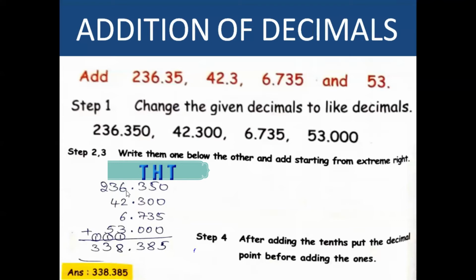Next, 6 plus 2 plus 6 plus 3 plus 1, total 18. 3 plus 4 plus 5 plus 1, total 13. 3 down, 1 carry. 2 plus 1, 3. Okay. Answer is 338.385.